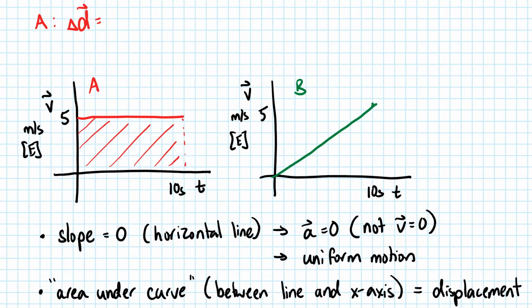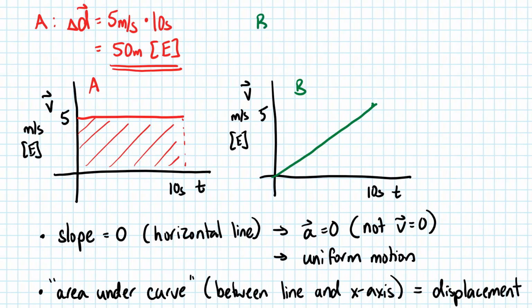The height is 5 meters per second. We multiply that by the width of 10 seconds. So the displacement is just a positive 50 meters, and a positive means you're going in the east direction. So the displacement for your first graph is the area under the curve, which is 50 meters to the east.